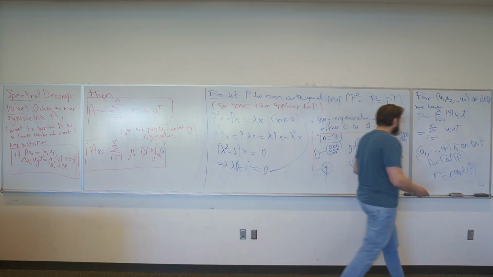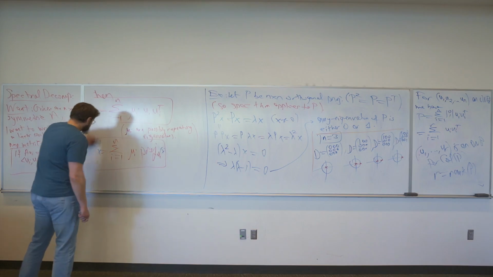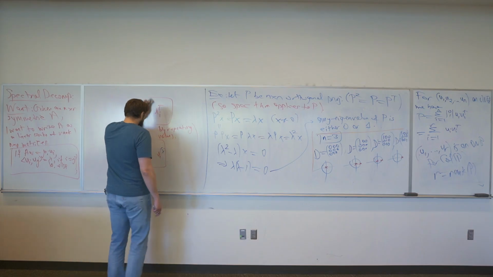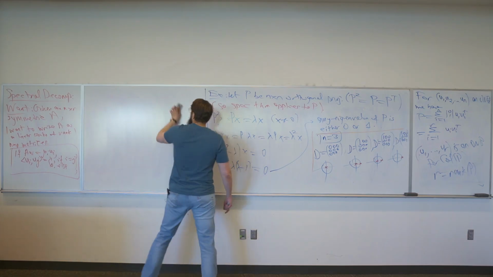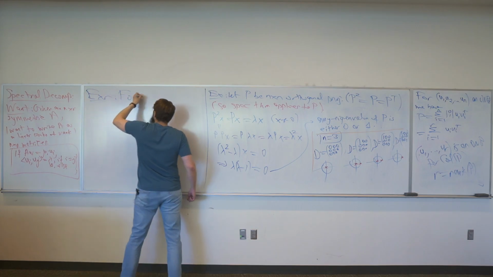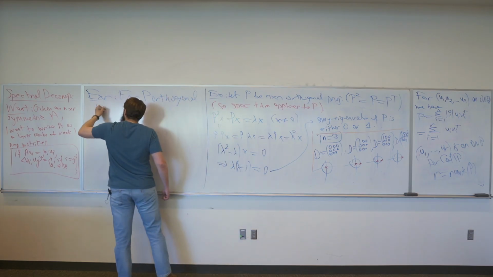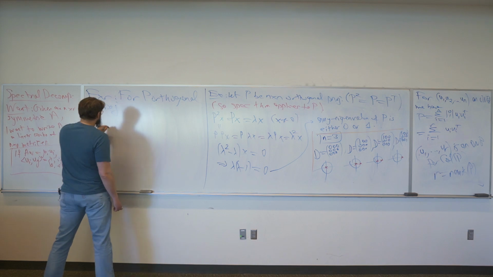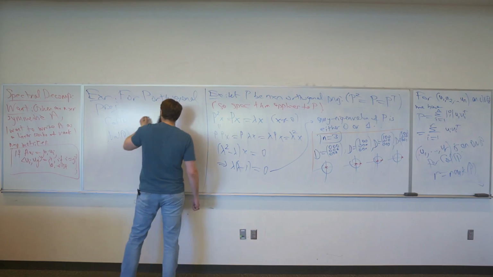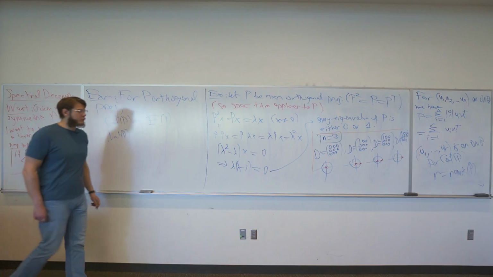I'm not going to calculate this, but this is a very nice equation to ponder on. So, the column space of P and the null space of P. Column space of P is the eigenspace associated to the eigenvalue 1, and null space of P is the eigenspace associated to 0.